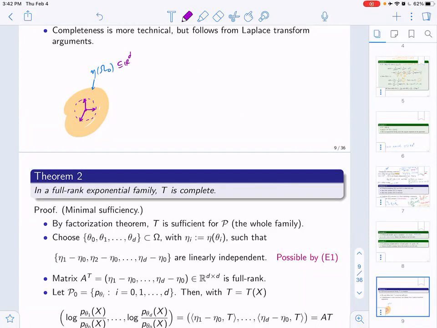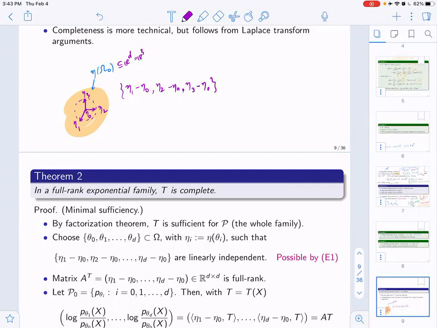So if this is a subset of R^d, let's say R^3, for example, then I would have eta 1 here, eta 2 here, eta 3, and I call this origin eta naught. Then I would have eta 1 minus eta naught, eta 2 minus eta naught, and the other one, and these three would be linearly independent. So they could be a basis for R^3, right? So I can make that construction.